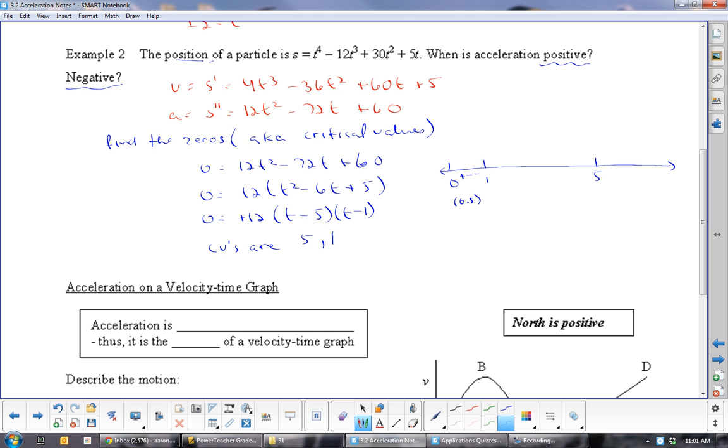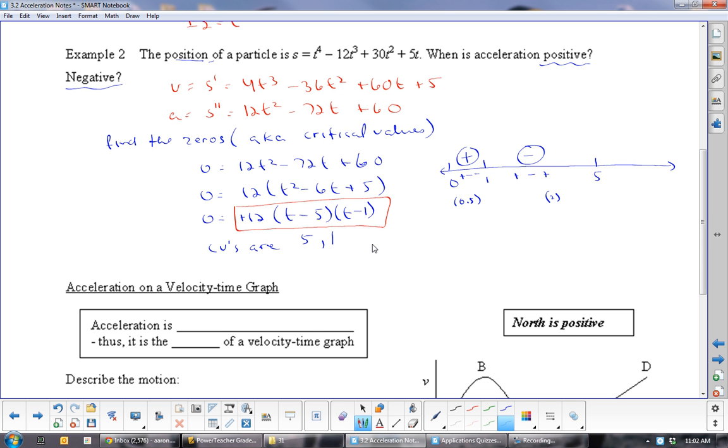And all you do is multiply them together, a positive times a negative times a negative, and you will get a positive right there. So you're plugging it in to this equation, and you're picking a test value. Okay, a nice one between 1 and 5, let's do 2. So you got a positive there from our positive 12, and then 2 minus 5, that's a negative, and 2 minus 1, that's a positive. So positive times a negative times a positive is a negative.